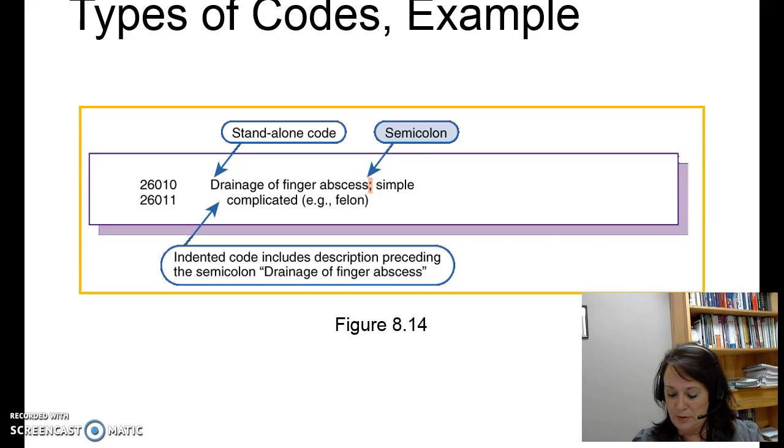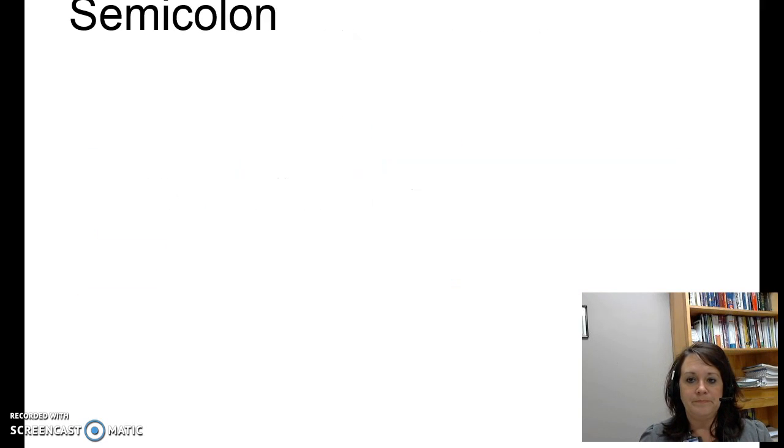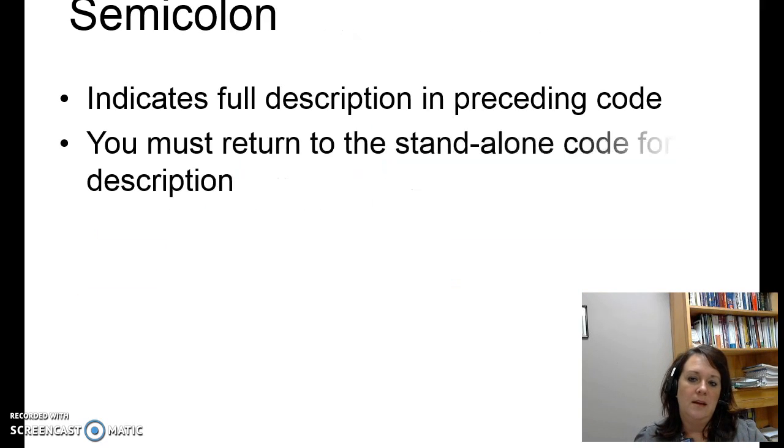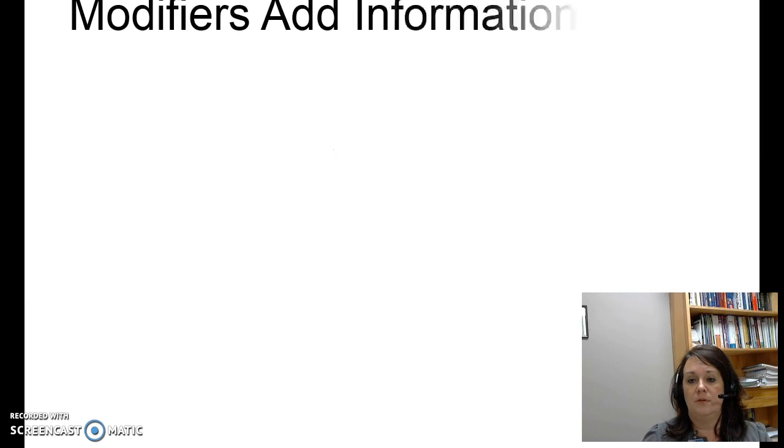That's super important. You're going to get a lot of codes wrong if you don't understand what I just went through. Again, the semicolon indicates that you have a full description in the preceding code, but you have to return to that standalone code for that full description.